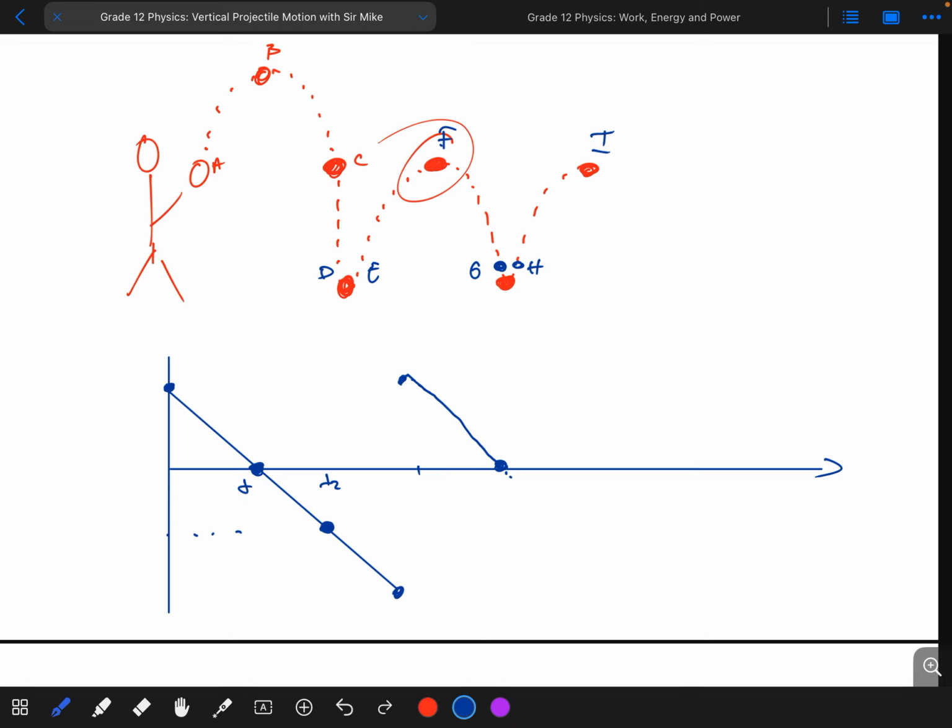Now what you must notice is that every time after the object collides with the ground, it will lose its speed. After every bounce, its speed would be less.